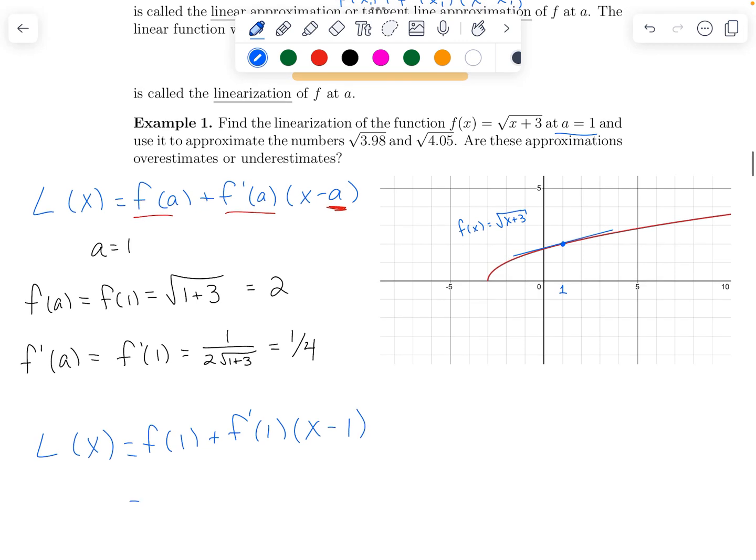Or in our case, we get the linearization. If I plug in, f of 1 we found earlier was 2. So that's 2 plus 1/4 times x minus 1.